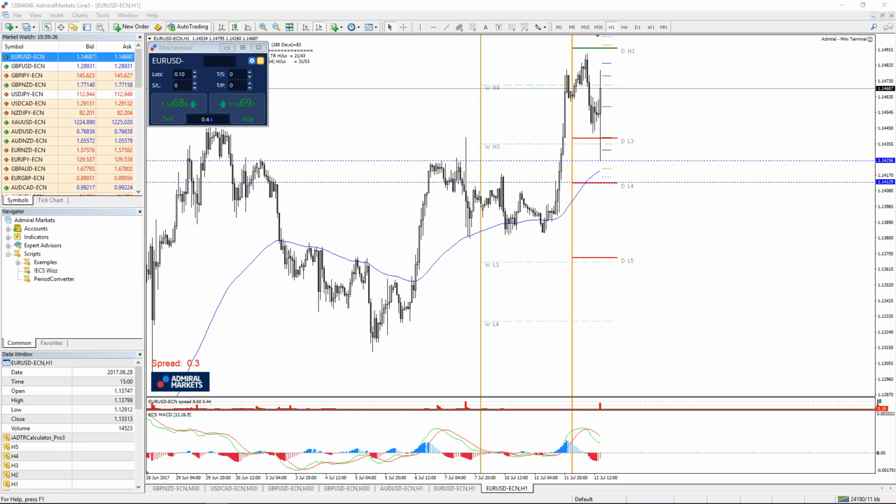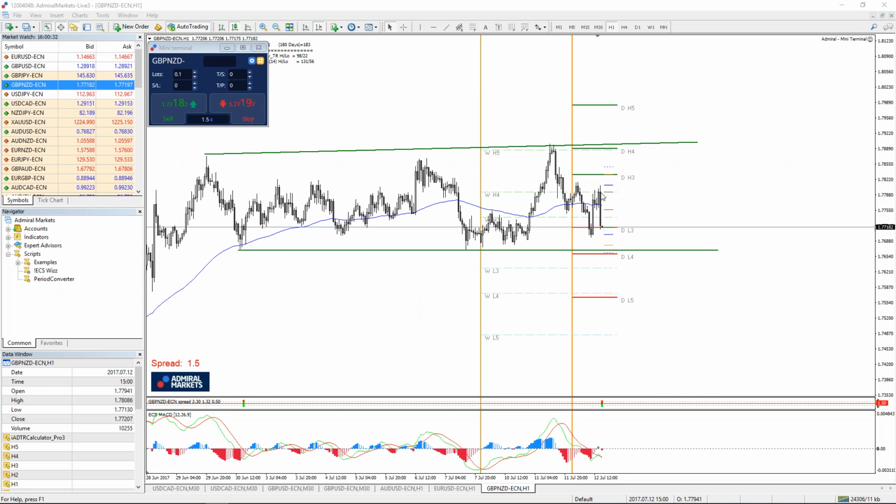So this implies that the market is in a ranging mode. So probably here, but it needs to drop a little bit more towards the 76.50 zone, and then we might probably buy it.